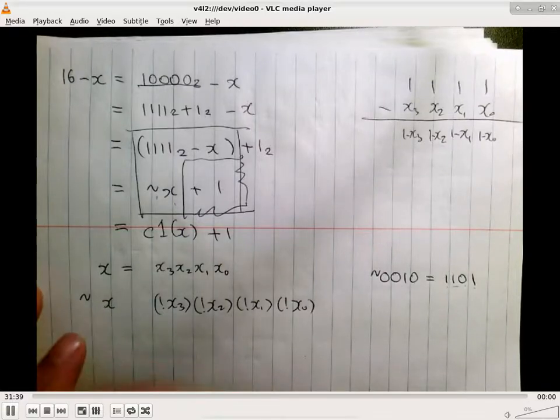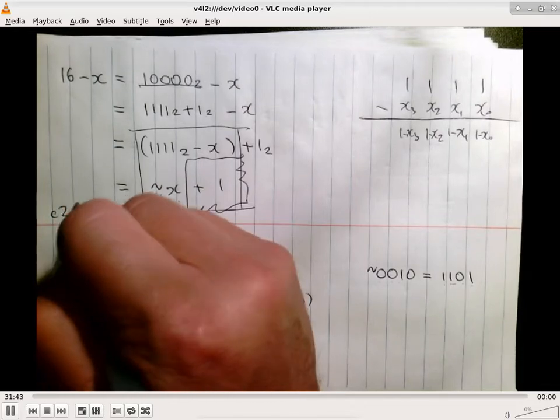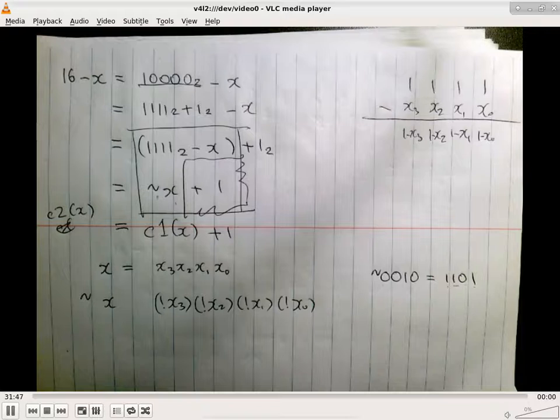And what we want to do is also known as the 2's complement, C2 of x. C2 of x, the 2's complement, is defined to be the 1's complement of x, which is bitwise not, plus 1. Are we doing okay so far with the definition of the operation?